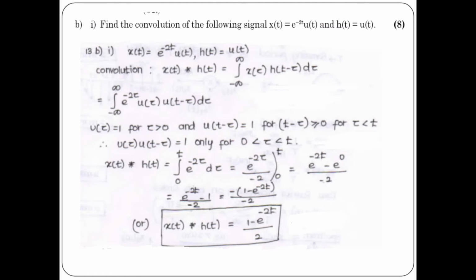Find the convolution of the following: x(t) is equal to e power minus 2t u(t) and h(t) is equal to u(t).